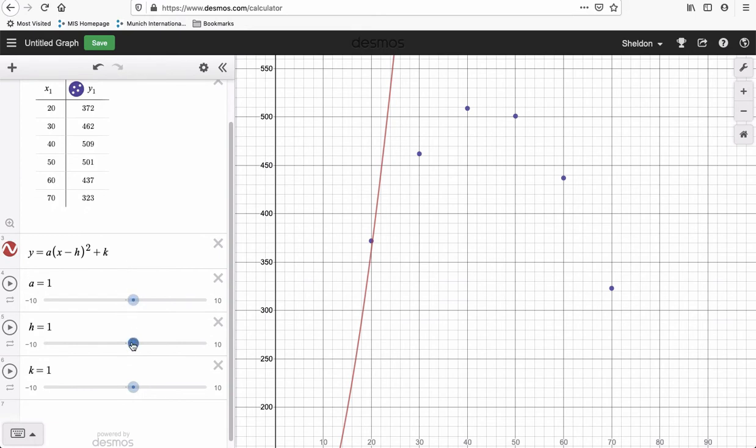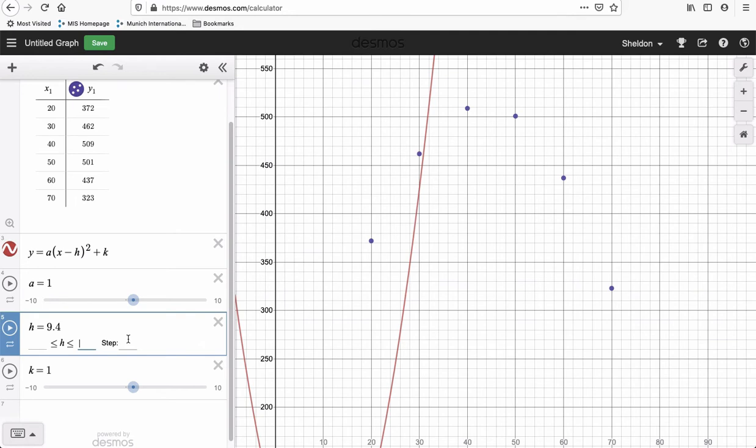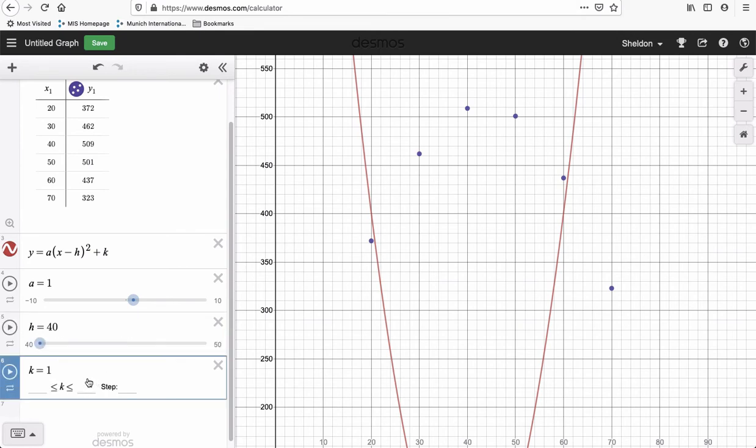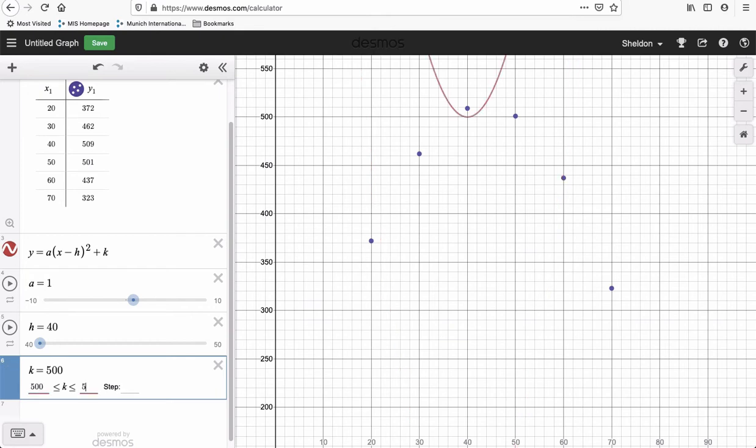So we know h is about 44, so let's stick it to 44. Actually, you need to change the range here. We need to go up to maybe 50. It's going to be between maybe 40 and 50. Change the step size to be a smaller number, like 0.1. And for the k value, we said the k value was 520. So let's go between like 500 and 540, and then we can play around with it.